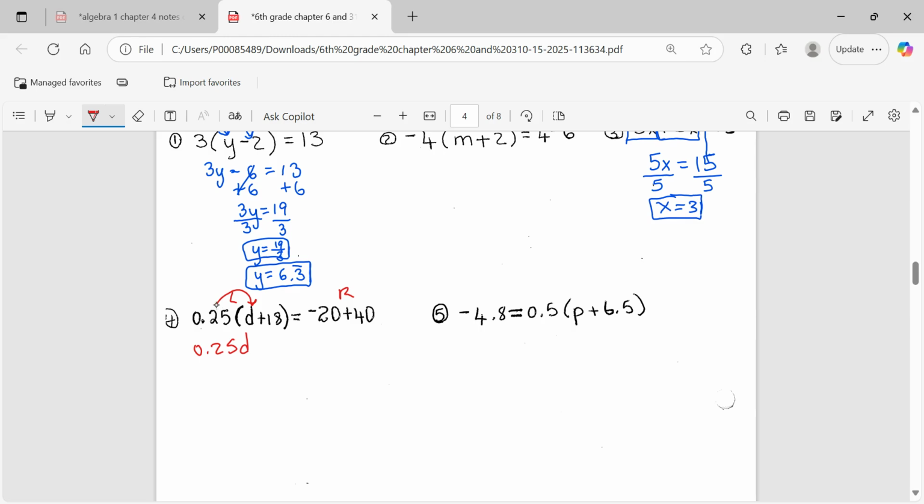Then I'm going to multiply 0.25 times 18 because distribution tells me the coefficient is being multiplied by everything inside the parentheses. So then 0.25 times 18 is going to give us 4.5.